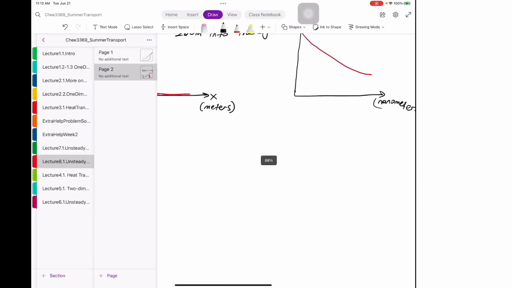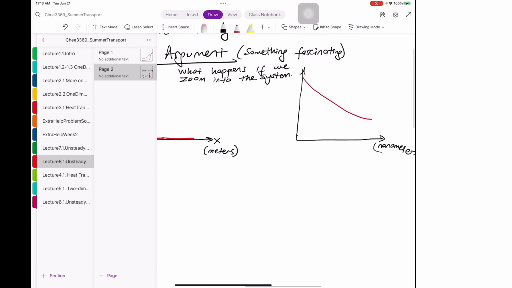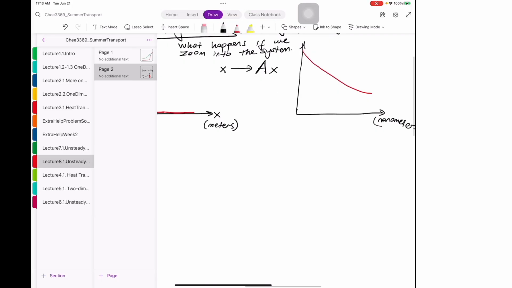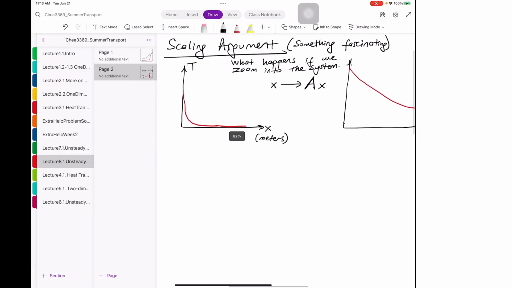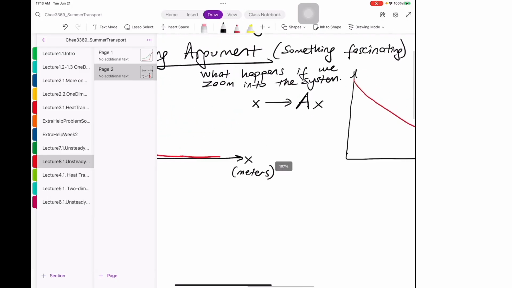Mathematically, what does it correspond to? It means multiplication by some unit conversion factor. Instead of using x, using a times x. For example, instead of using 1 meter, using 100 centimeters. So it's like a unit conversion, but I would like to call it a scaling, like you zoom in and zoom out.